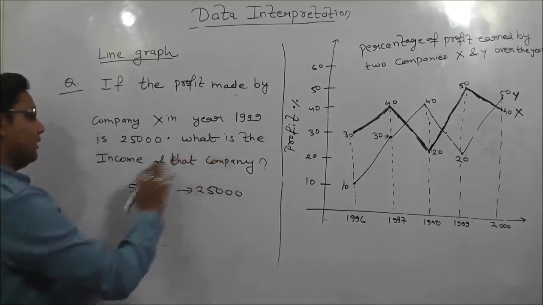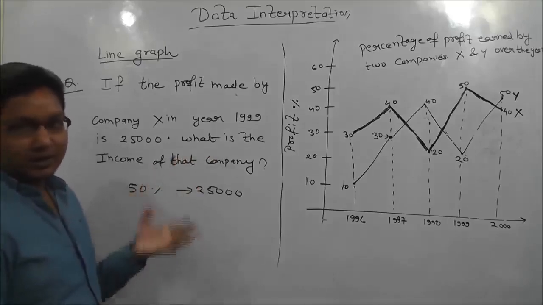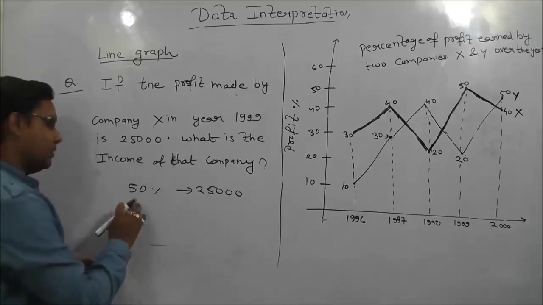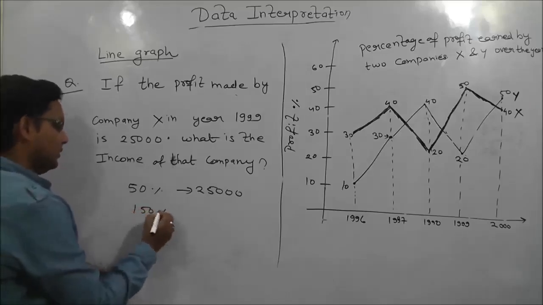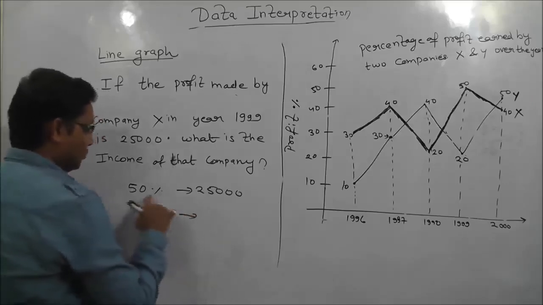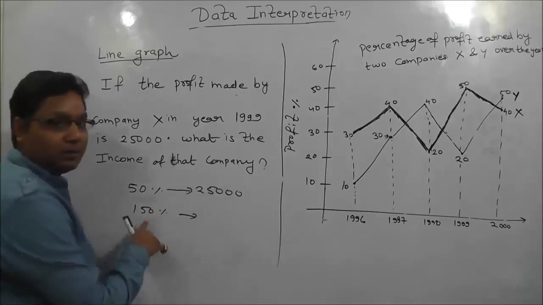We have to find the income, and we know that income is 100% plus profit percent, so 100% plus 50% is 150%. So 50% is 25,000, and we have to find 150%.